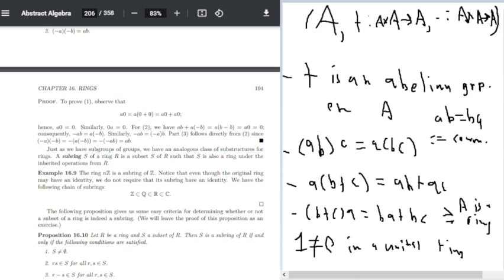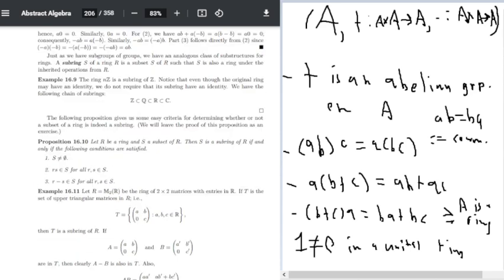Consequently, negative ab equals a(-b), and similarly we have (-a)b equals minus ab. Part 3 follows directly from 2, since (-a)(-b) equals -(a(-b)) equals -(-ab) equals ab. It's a fairly simple proof, but it shows just how important distributivity is. If we don't have distributivity, we don't even have this proof.